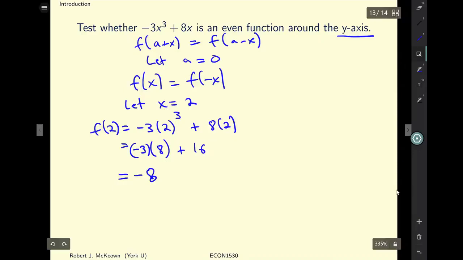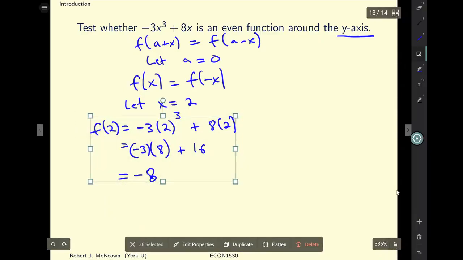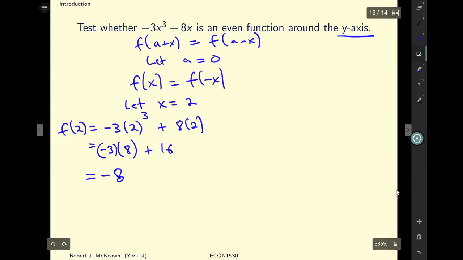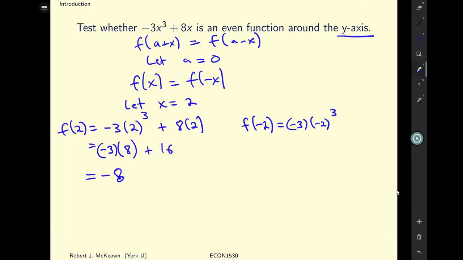And now I'll look at f of negative 2, which is equal to negative 3 times negative 2 cubed plus 8 times negative 2.